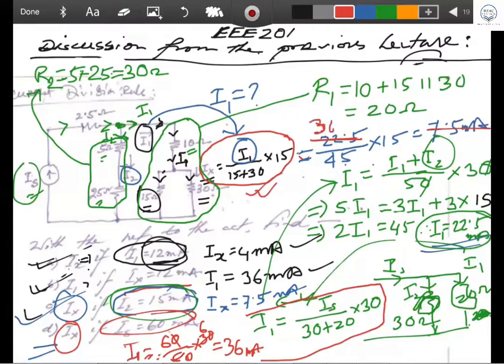Because this cancels out, the new value comes: 3, 15, 3 and 36 cancel out, 12. So what you are getting here is 12 milliampere. Ultimately the answer is 12 milliampere.